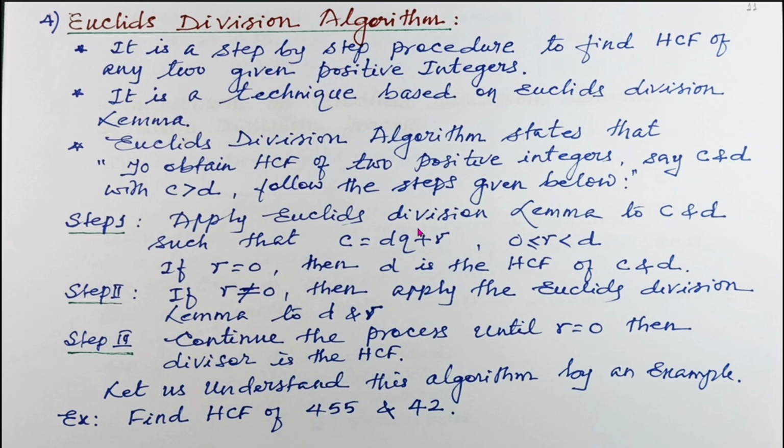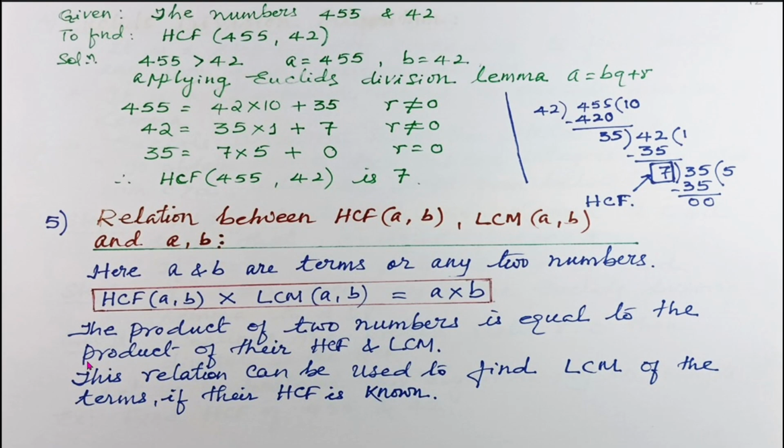But if R is not equal to 0, then apply Euclid's division lemma again for D and R, and continue applying it until you get R equal to 0. Then the divisor will be the HCF as soon as R becomes 0. To understand this, let us take an example and find the HCF of 455 and 42.